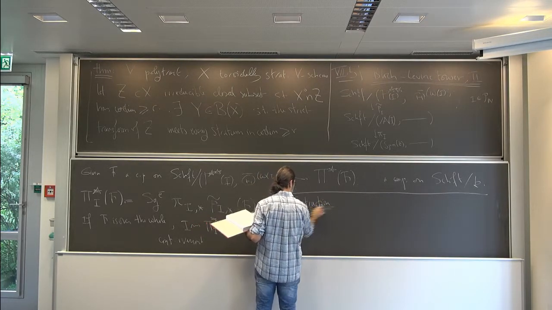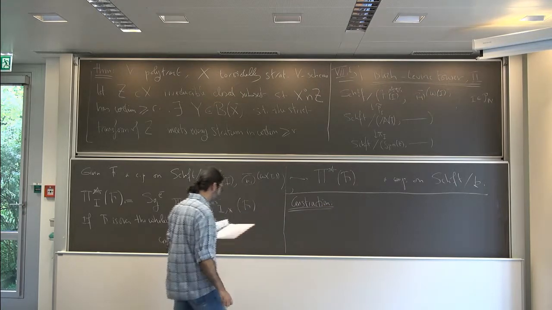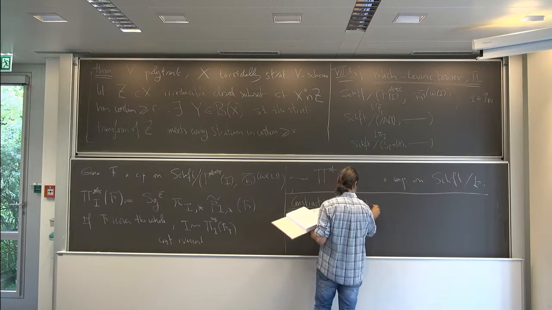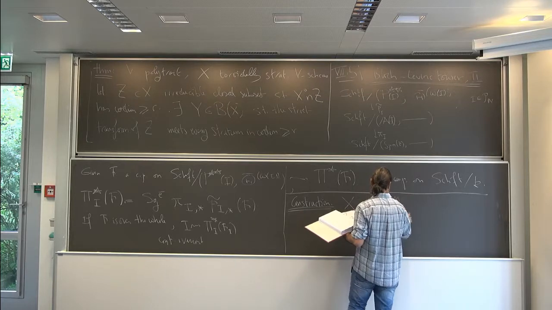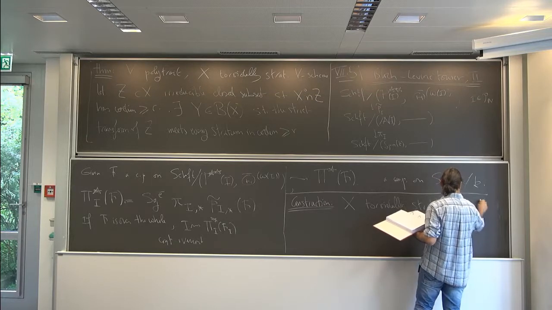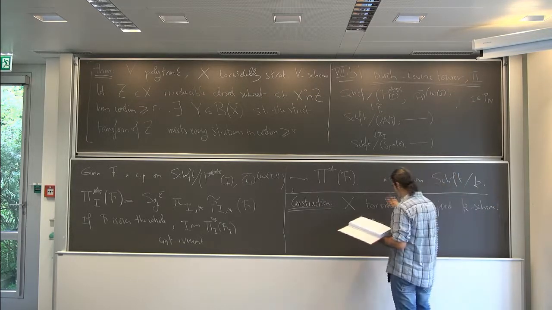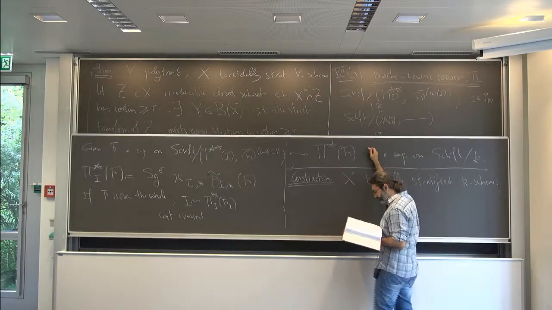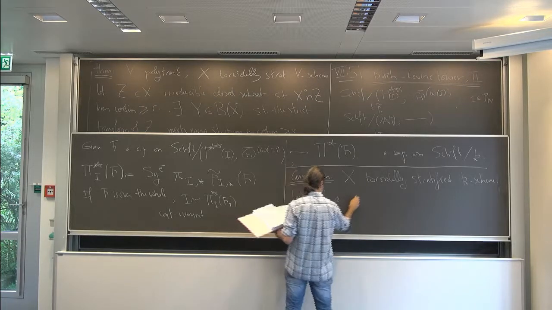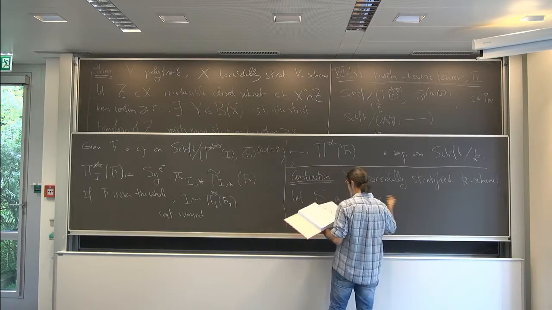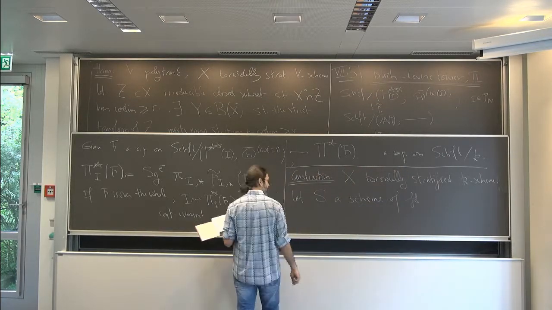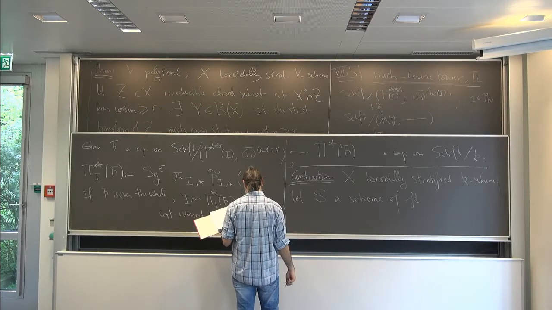Okay, so I need the construction of some pro schemes. So here I start with X a toroidally stratified K scheme, so just a scheme of finite type which is toroidally stratified. So I give myself S, just a scheme, also of finite type. And so I want to define a pro scheme.